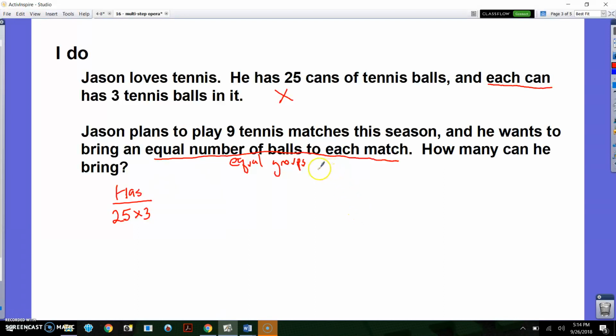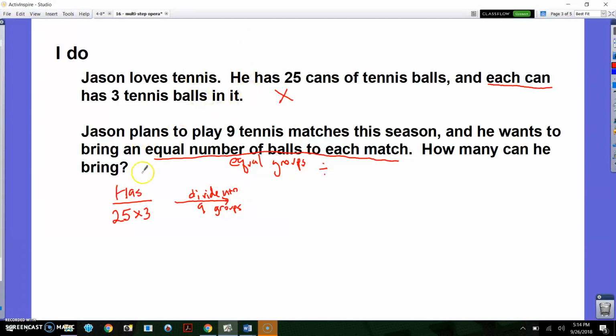So that sounds like division to me. So it sounds like what I'm going to have to do first is figure out how many he has, and then take that and divide into 9 groups. So it's going to take me 2 steps here. I'm going to have to multiply, then I'm going to have to divide.